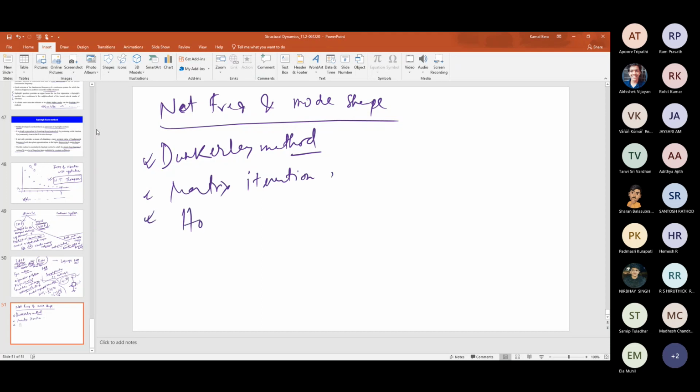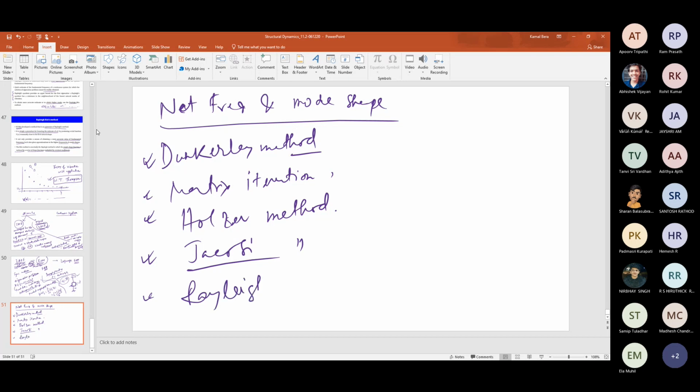Then there is the Holzer method, and I have shared an Excel sheet with you, just to change it and see what happens. Then Jacobi's method, applicable for a symmetric dynamical matrix. Then Rayleigh's method. We discussed Rayleigh's method in detail, and we have shown that the range should lie within the Rayleigh's quotient.